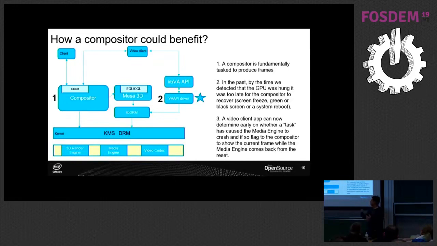Now, at some point in time, the video application crashes, but instead of the compositor blindly displaying that batch buffer that got damaged, it can use the information that we're giving the compositor and show, for example, the previous good frame that it was able to render.